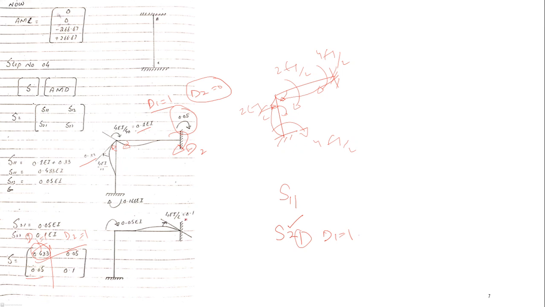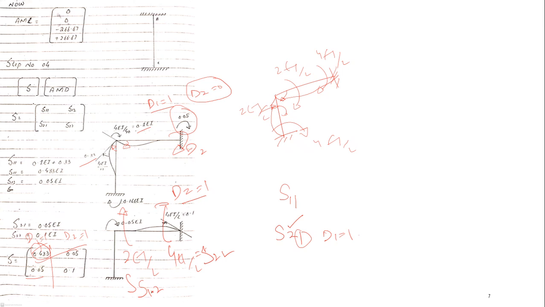In the next step, when you apply D2 equal to 1, this would be the case clockwise, 4EI by L and 2EI by L. So this would be your S22 and this would be your S12.